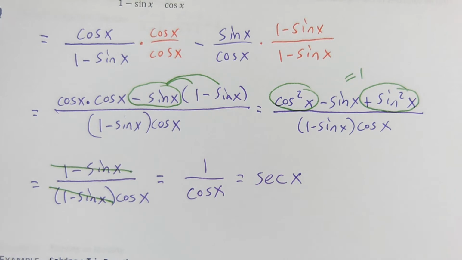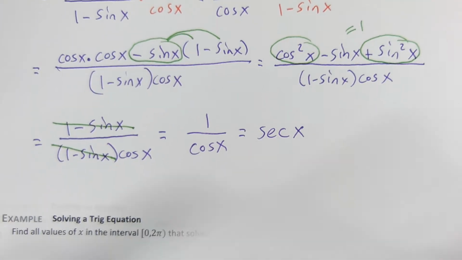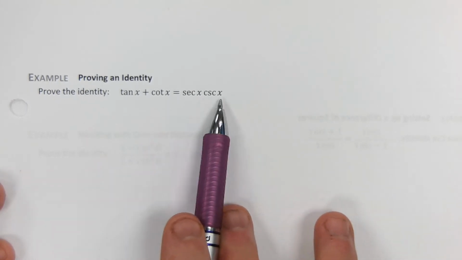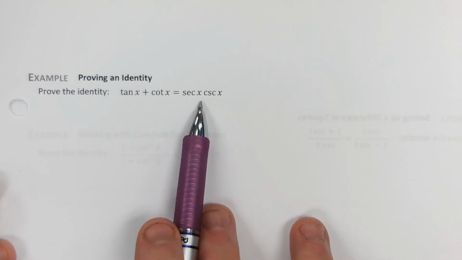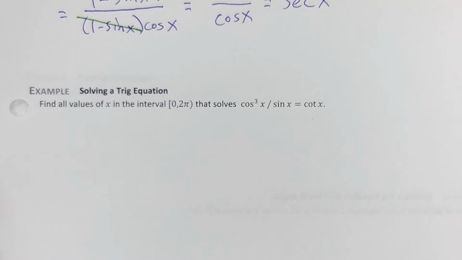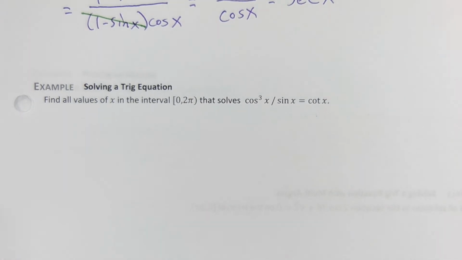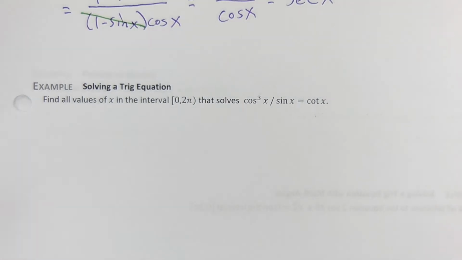Since we were trying to simplify this thing as much as possible, our goal was, well, can I replace and cancel? Starting in the next section, we're going to be proving things are true. So it says, prove that this is true. So this is now our goal. So we'll be manipulating things to try to reach our goal. Oftentimes, there are identities that we don't use simply because they don't get us closer to our goal. But if it does, then yes, you replace.